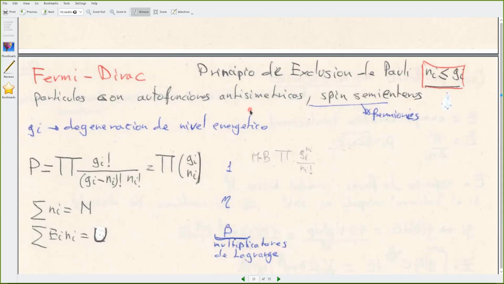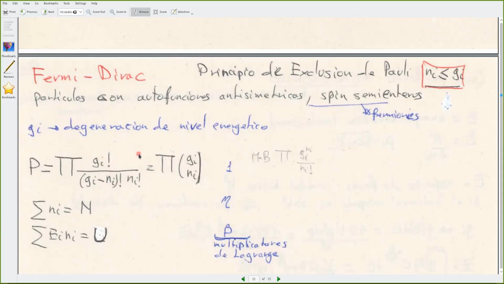The Fermi-Dirac says no. There is a limit on the number, generated by the g_i, and then taking this number multiplied by 2, for spin up or down.